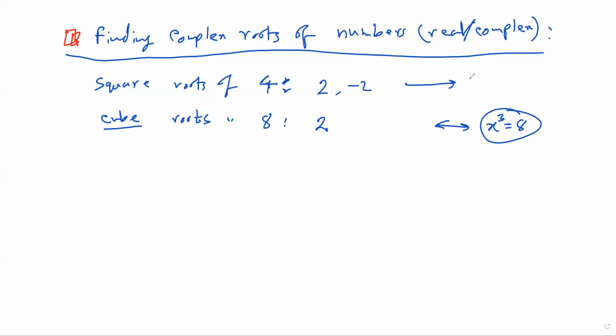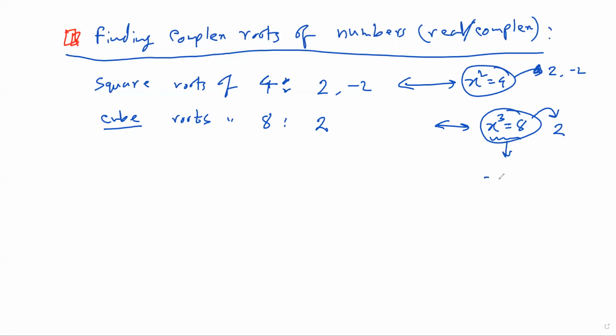Just like the previous one can be written as finding the solutions to the equation x squared equals 4, which has two solutions, 2 and -2. Similarly, since this is a cubic equation, we must have three solutions. One of those three is 2, but what about the other two? The other two are actually complex numbers.